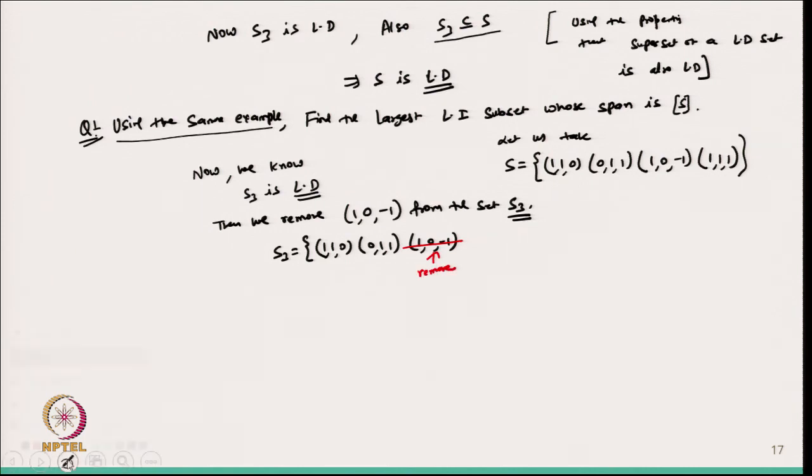Then I take the next set S4: 1 1 0, 0 1 1, and then the next element 1 1 1. From here I want to check whether this is linearly independent or not.